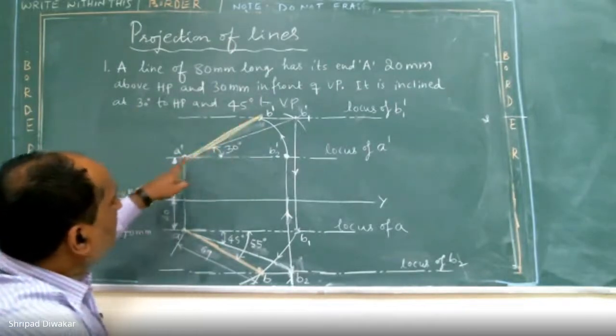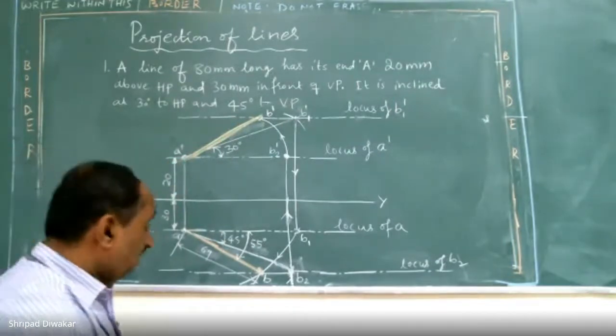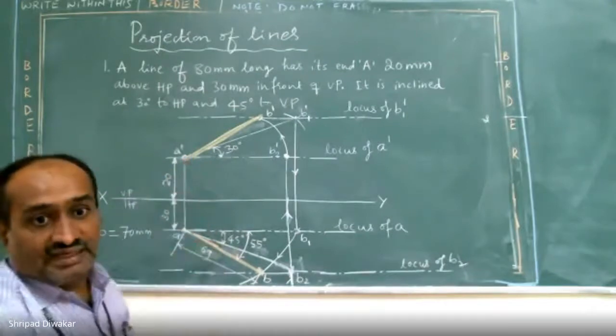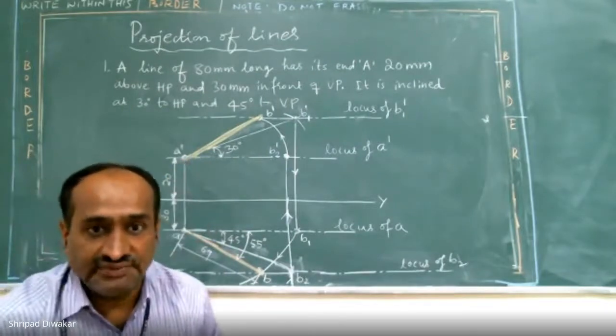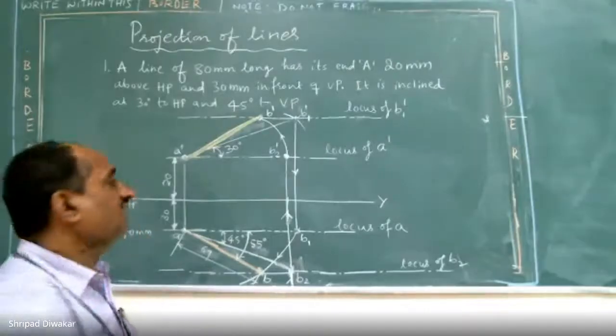Now you join the point with A dash. Understood? So whatever length you are getting, A dash B dash is your apparent length in front view. Can you tell me what is the dimension you are getting, anyone? 59 mm, exactly right.